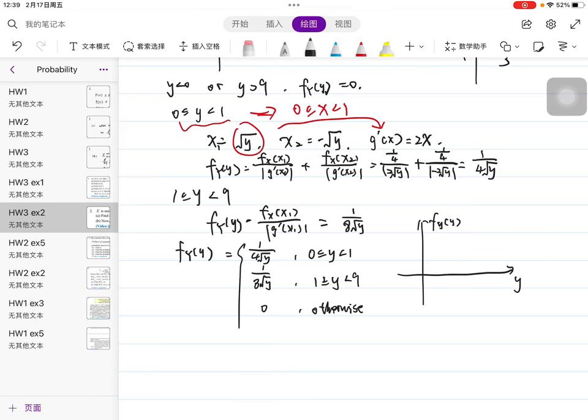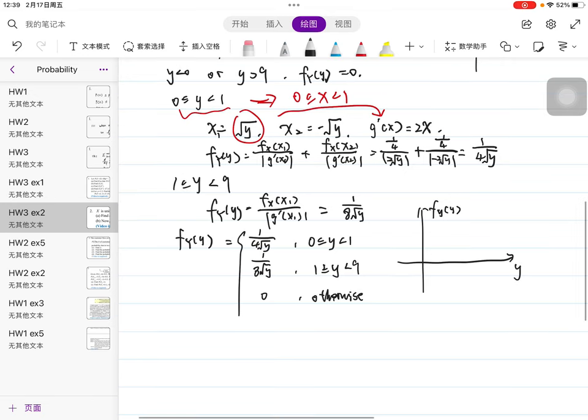Here, when y is from 0 to 1, when y equals 1, we have 1 over 4. And for this lower limit, here we also have 1 over 8. Here that is 9. Right.